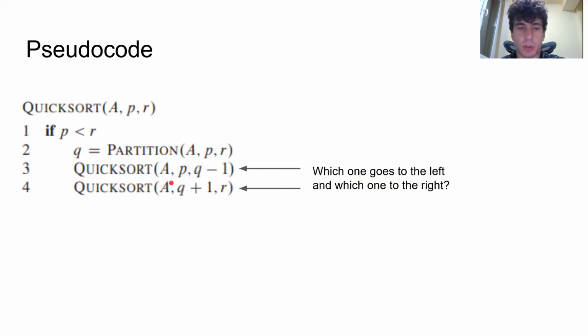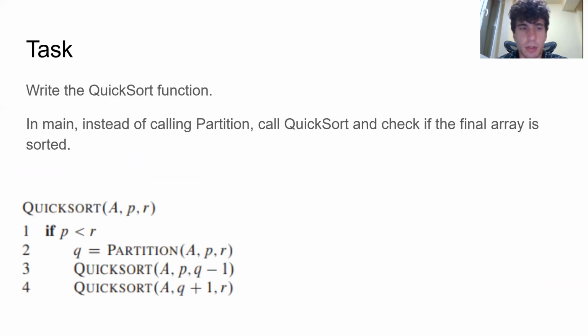And then we quicksort with left and pivot -1, and quicksort with pivot +1 and right. And can you try to guess which one is the left side and which one is to the right side? I think it's this one to the left side, because here, yeah, we go to the left of the pivot, and here we go to the right of the pivot. Right.